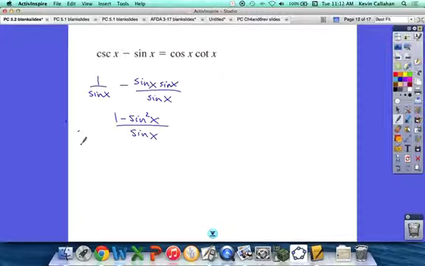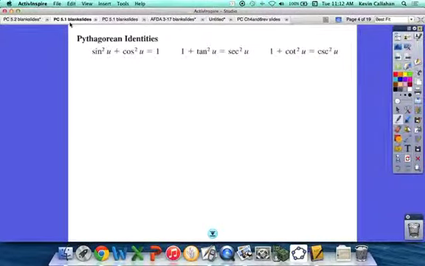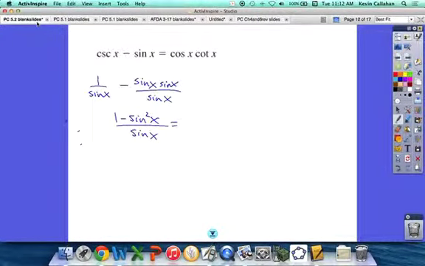Is that right? Cosecant, 1 over sine. Sine x, sine over sine. 1 minus sine squared is, oh, okay, I got it. So then what's the substitution? Yeah, 1 minus sine squared is cosine squared, right? And notice that this is supposed to be the product of two different functions.